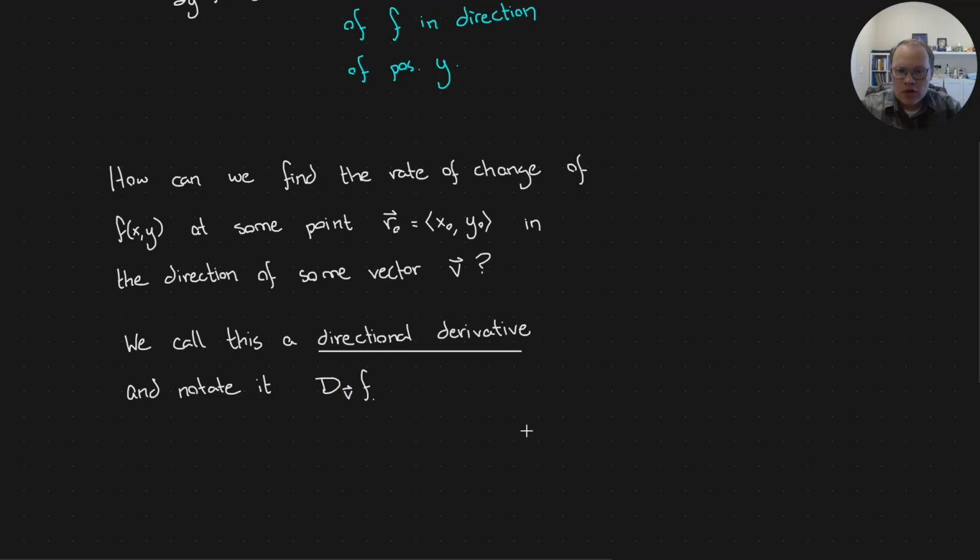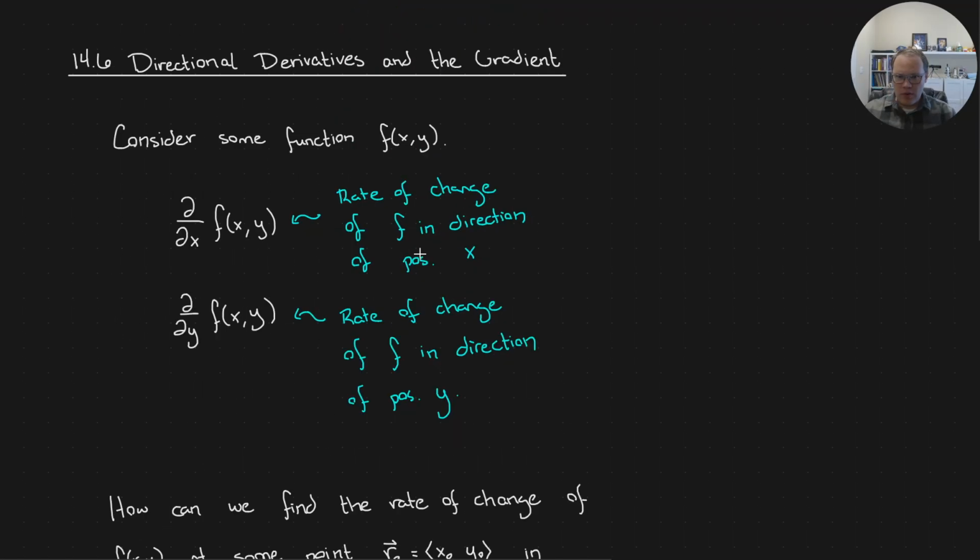Okay, so how do we actually go about doing that? Well, with the partial derivative of f with respect to x, with the partial derivative of f with respect to y, we're restricting ourselves to one direction, right, along one line. If we want to see how f changes in the positive x direction, we hold the y fixed.